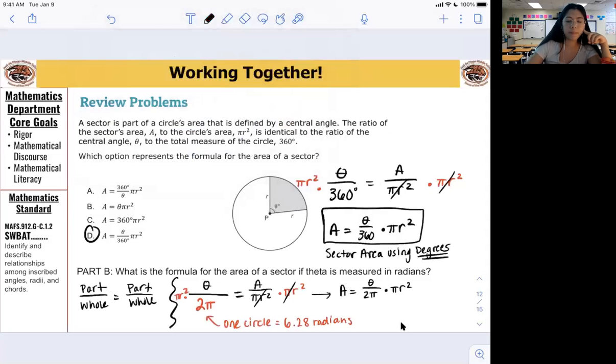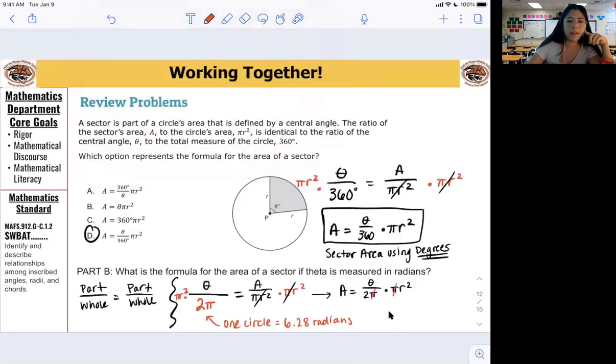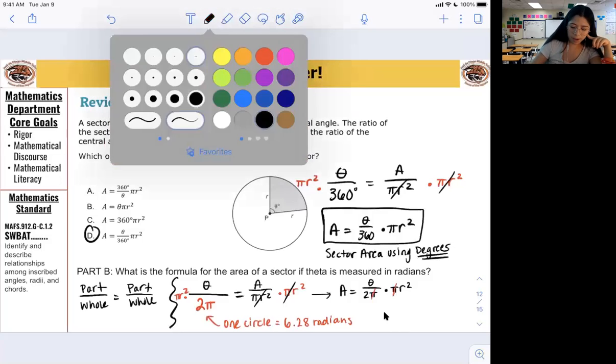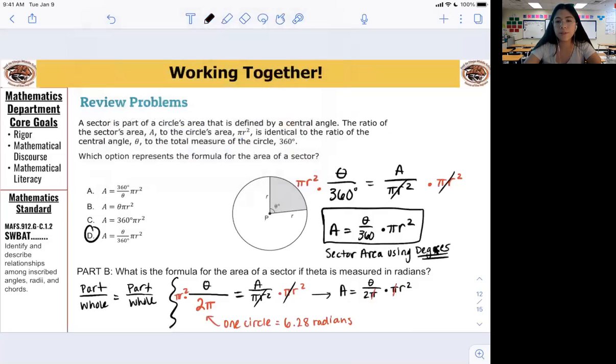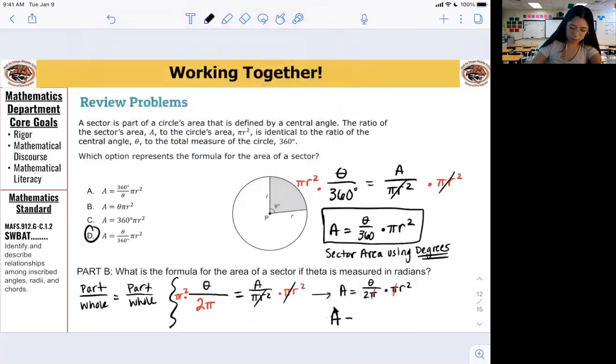The pi's cancel out, yeah. So the formula using radians instead of degrees, for radians, the formula is A equals theta r squared over 2. I have to delete a couple things because I'm running out of room.